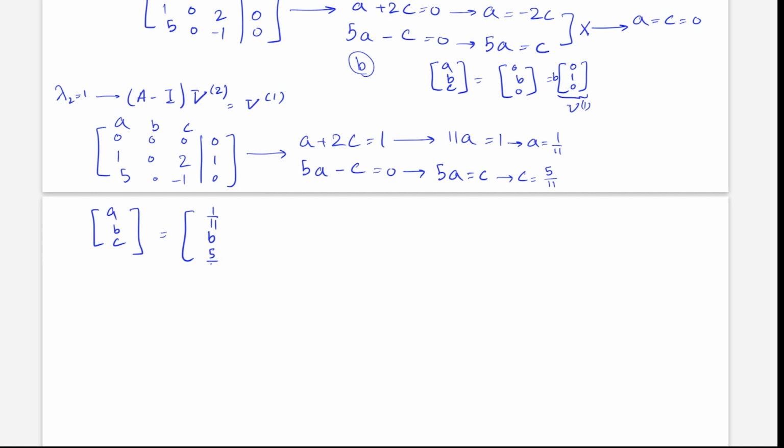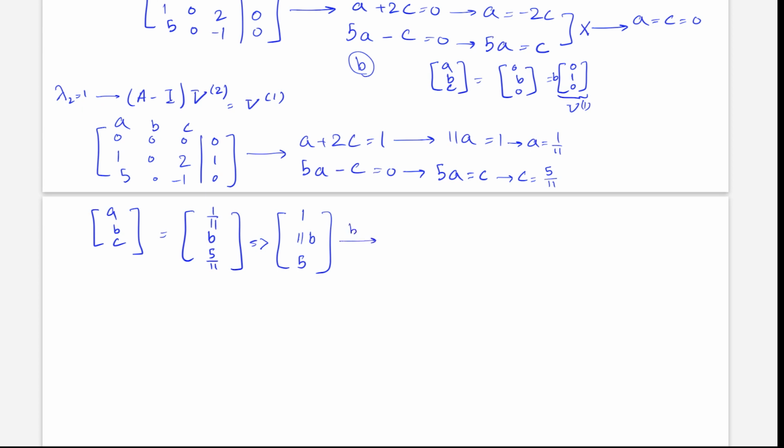And C, 5 over 11. If we multiply both with 11, then it will be 1, 11b, and 5. Let's choose b to be 0, okay?